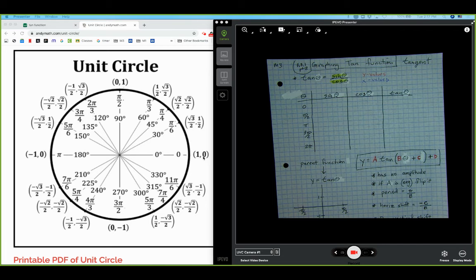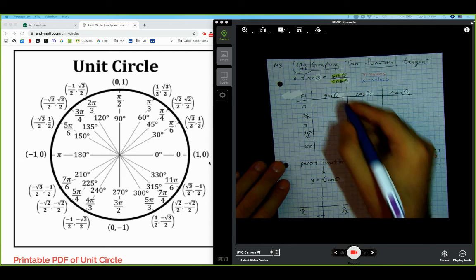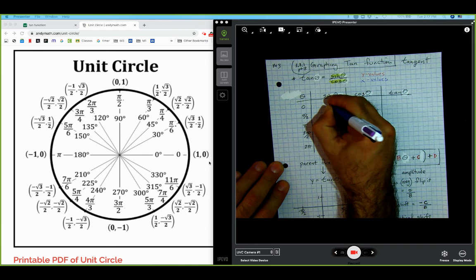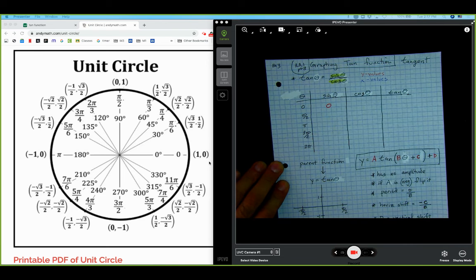I can also look at the ordered pair that's given here. I'll do it in different colors for you. I know that the sine of 0 is 0, because again, the sine is connected with our y values on the unit circle. So at 0 radians, the y value is 0.